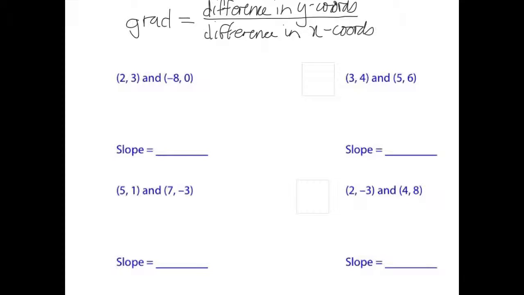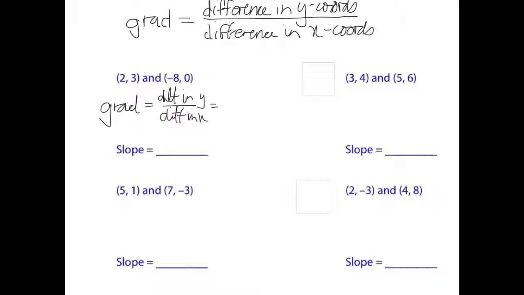So for example, here we have point 2, 3, and the point minus 8, 0. If I want to find their difference in y coordinates, well, the y coordinates are 3 and 0. So I can say gradient is difference in y over difference in x.